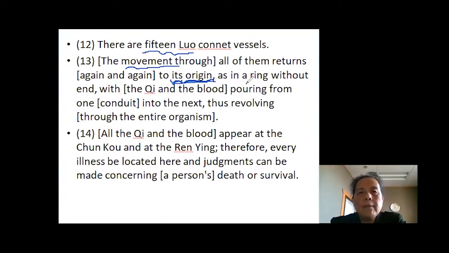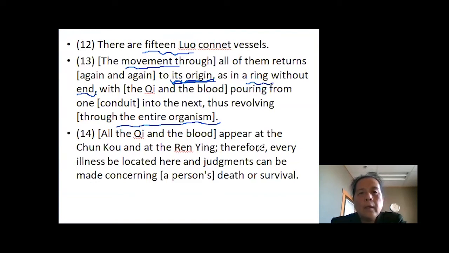It is like a ring, no end, no start. That's directly connected with the original meridians, like a ring, connecting and circulating qi and blood all over the body. So that's the lower connecting meridians.